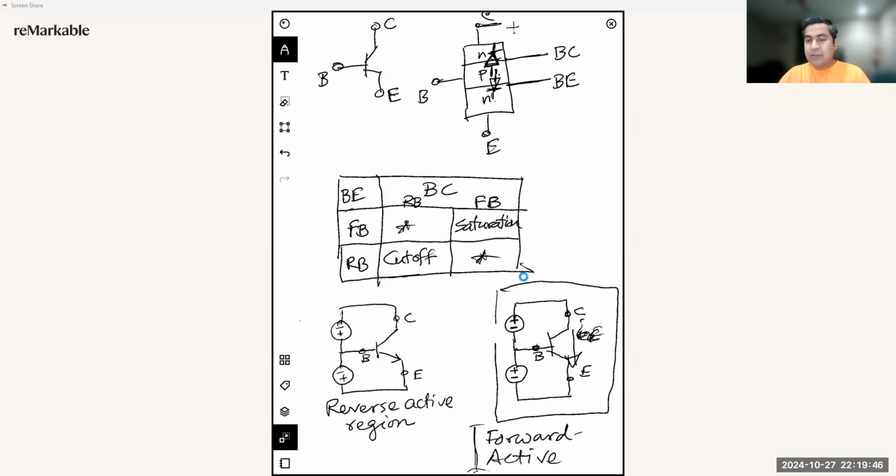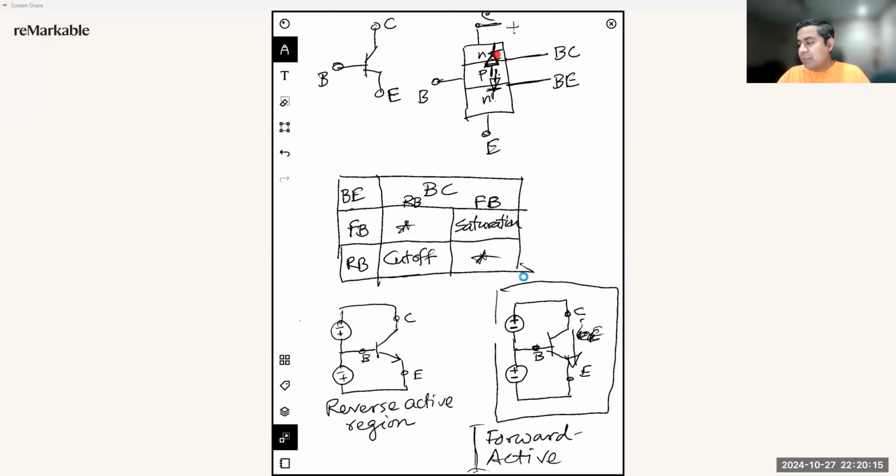In this reverse active region operation, we will see that there is a current flowing, but it's not going to be that large compared to the forward active region, because the emitter-to-base junction is reverse biased. So there will be a very little concentration of electrons that can travel through this barrier.